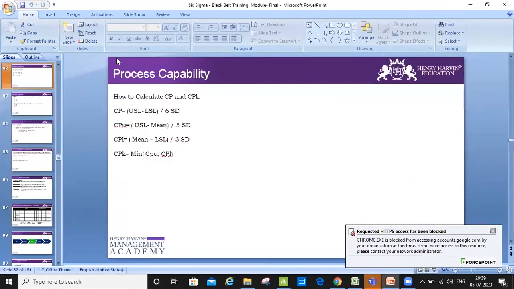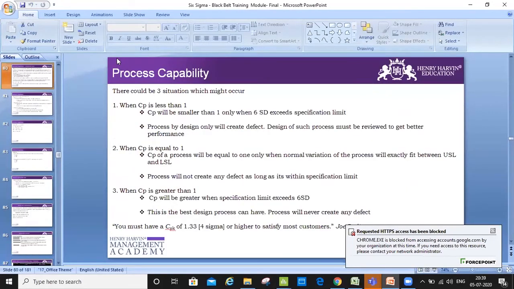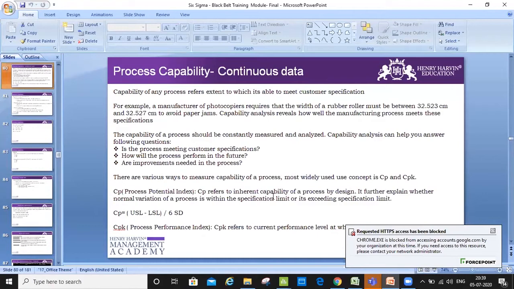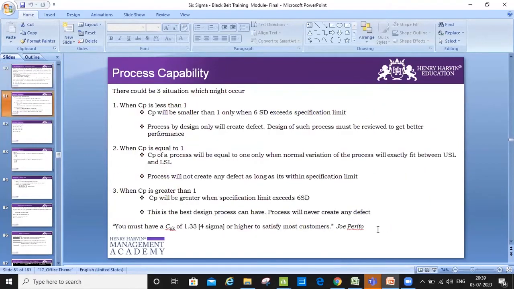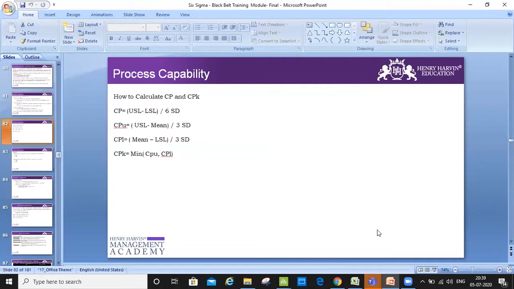Now let's talk about CPK. CPK refers to the current performance level at which the process is operating. We have to calculate CPK also. The formula for CPK is the minimum of CPU and CPL.